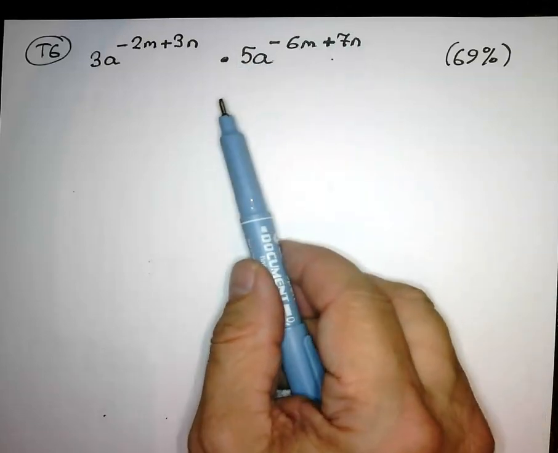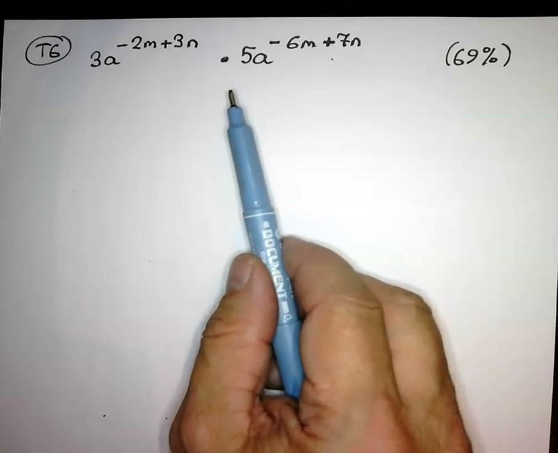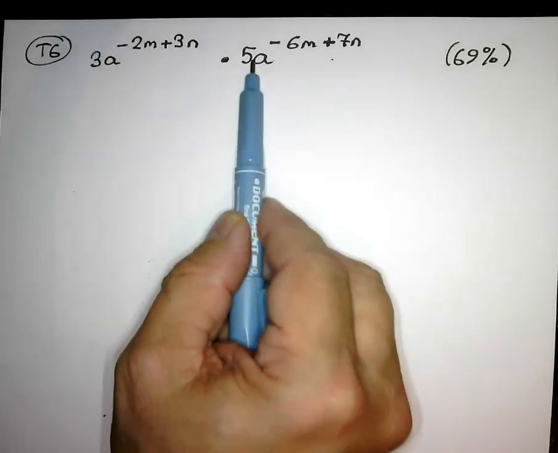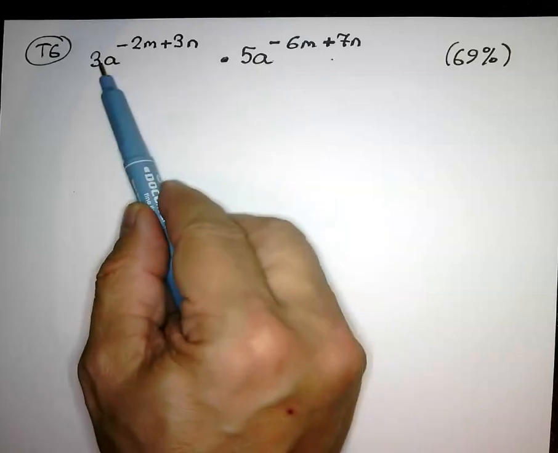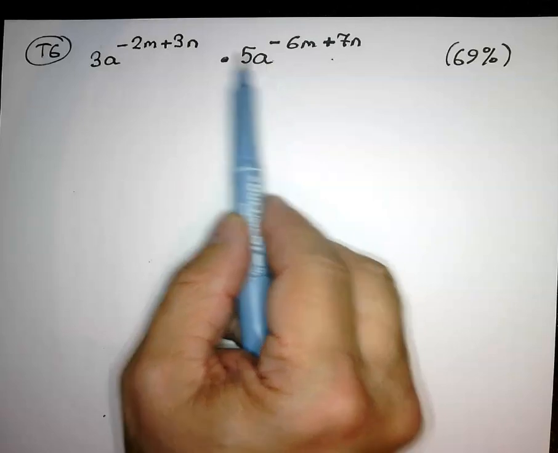So there are actually 3 multiplication signs here, but they are not shown between this 3 and a and between this 5 and a.